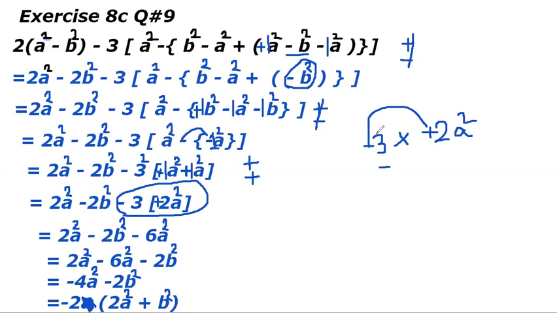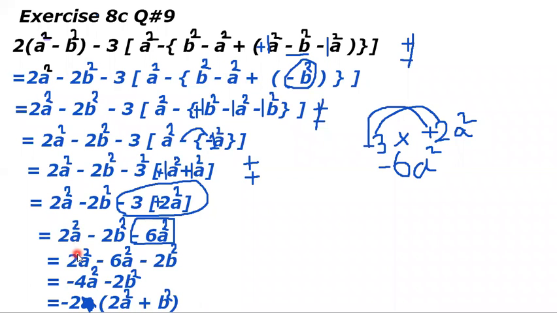Now we will multiply the coefficients or natural numbers. 3 times 2 gives us 6, and a square as it is. So negative 3 square bracket plus 2a square gives us this negative 6a square.